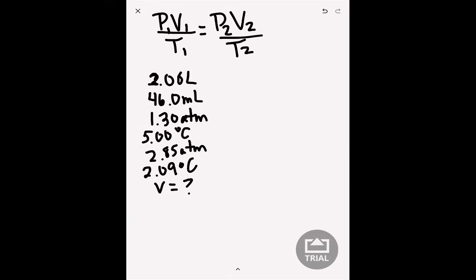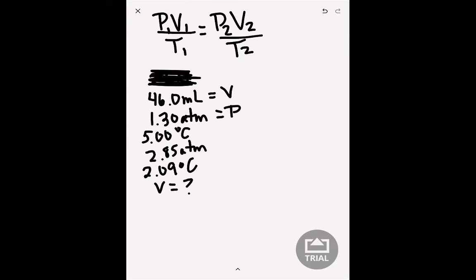Okay. So, now I want you to notice something here. It says an unopened cold 2-liter soda bottle contains 46 milliliters of gas. So, do we need that 2.00 liters? No, we don't. That is just some extraneous information they've given us, just to kind of throw us off a little bit. It contains 46 milliliters of gas, so we know that is a volume of gas at a pressure of 1.30 atmospheres, so that's a pressure.